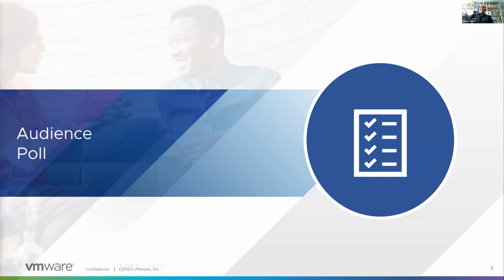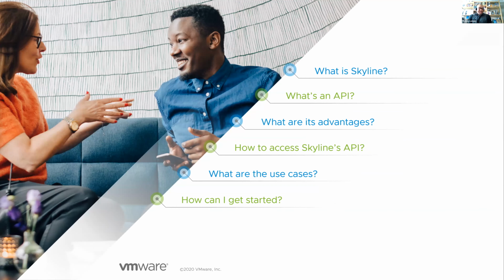And so here's our agenda today. For those of you who are new to the service, I'm going to quickly describe what it is and how it can benefit you. Then we're going to talk about how you can leverage the API tool. Obviously we're going to define what an API is. We're going to talk about its advantages. We're going to show you how to access the Insights API in Skyline Advisor Pro.